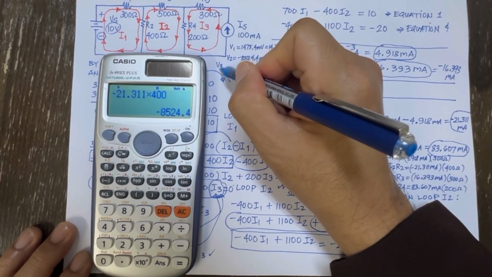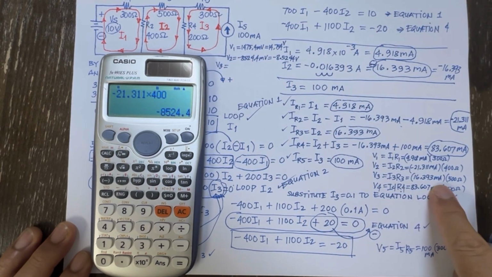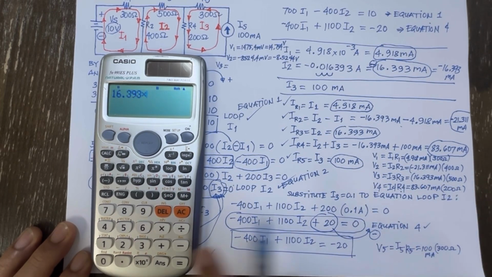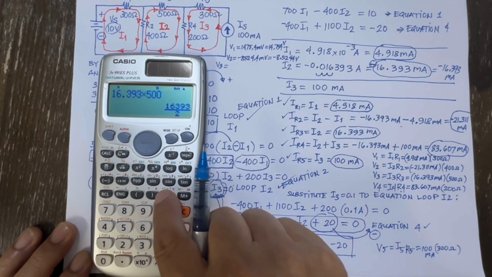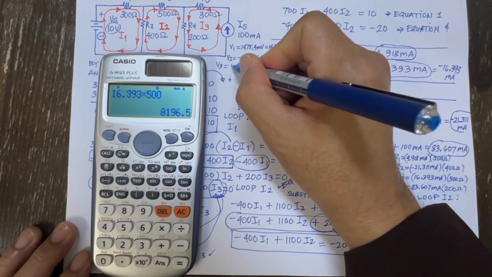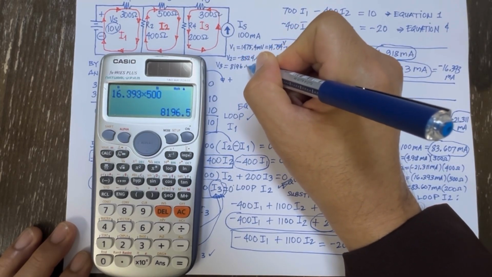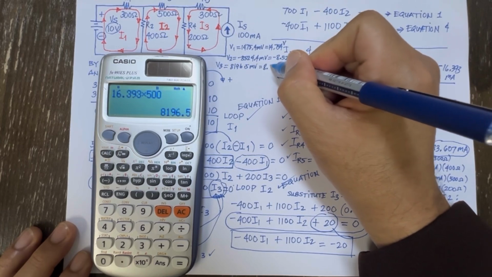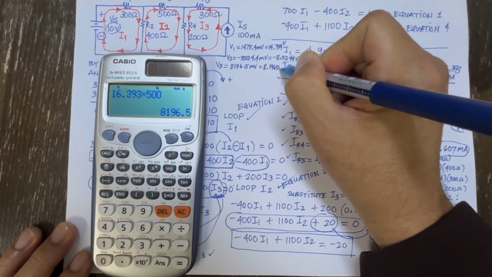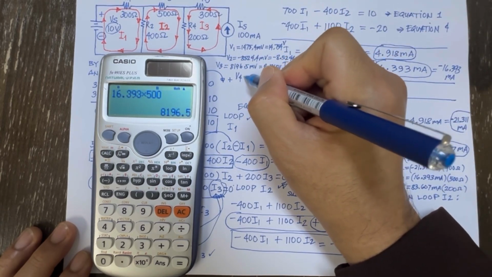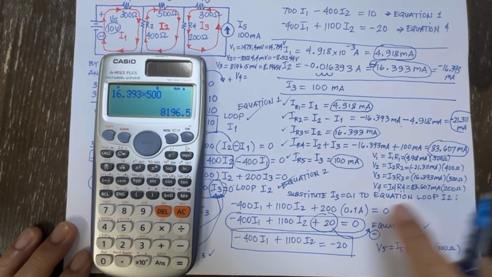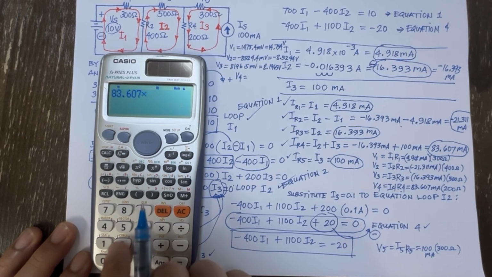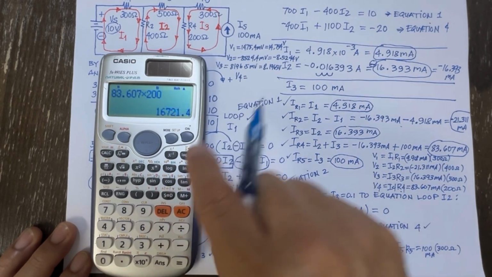And we have V3, of course, which will be multiplying the two values also. 16.393 multiplied with 500. We got 8196.5 millivolts or 8.1965 volts. And then we have V4. I4R4 will be equal to 83.607 multiplied with 200.